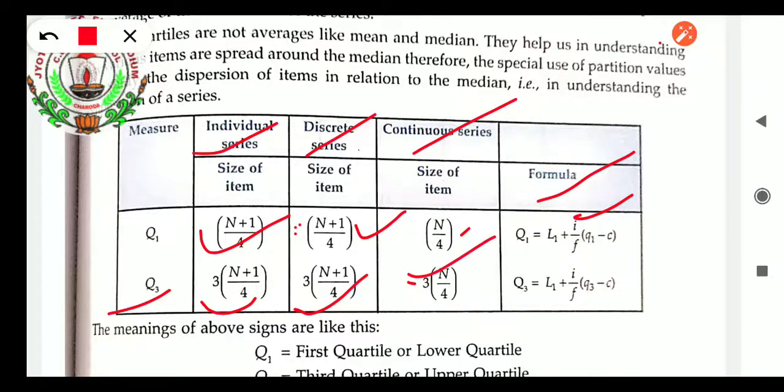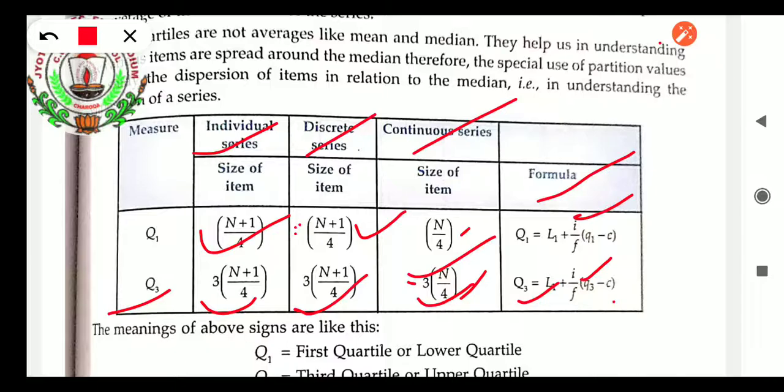As I said, Q3 has the same formula as Q1, but here 3 will be multiplied because we are taking the third part of that. After calculating this value we have to substitute it in the big formula, that is L1 plus I by F, bracket Q3 minus C. The Q3 we calculated will come in here. And minus C is the preceding cumulative frequency.